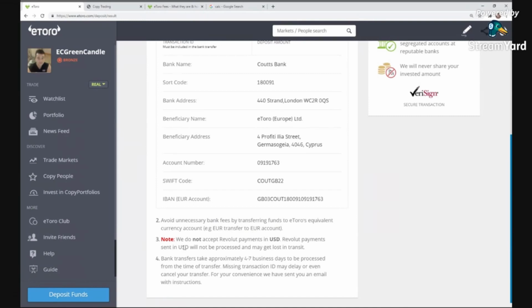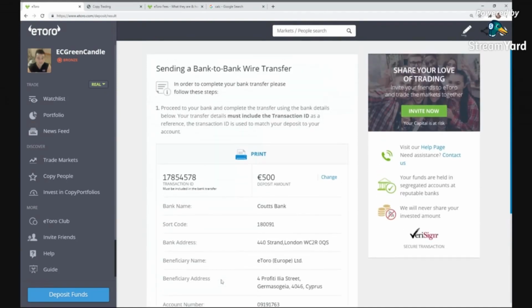Here, please note that Rapid payments sent are not processed and may get lost in transfer. I don't use that. That's a US payment through PayPal, I believe. Bank transfers can take 4 to 7 days. So just make sure, guys, that you enter in all the details, etc.